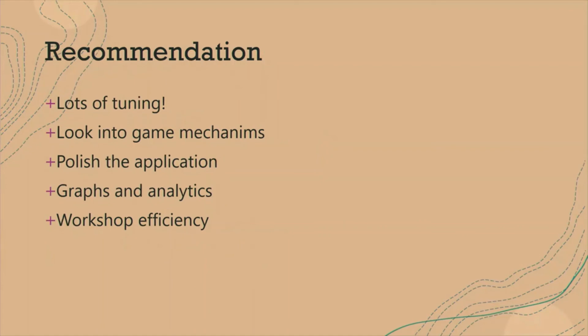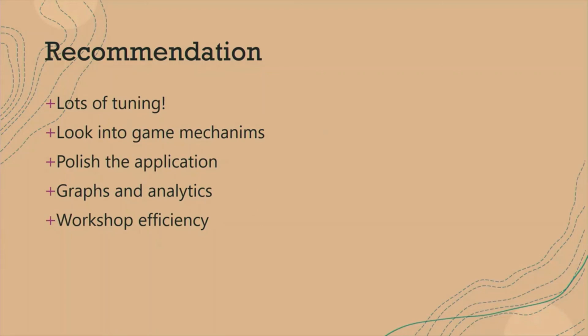And our recommendations, I'd rather say maybe they're mine, but I think they're aligned with the guide. There should be a lot of tuning to really show the benefits of different supply chain setups, and also to show the benefits of the DLTs. I think the next team should look into the game mechanism and polish the application to make it really smooth to play without any obstacles.